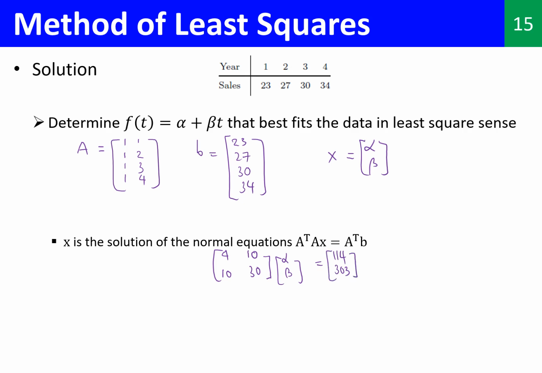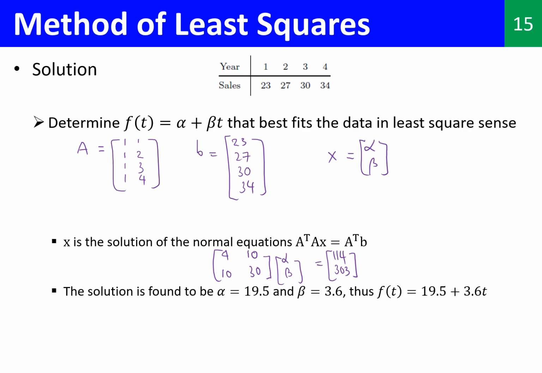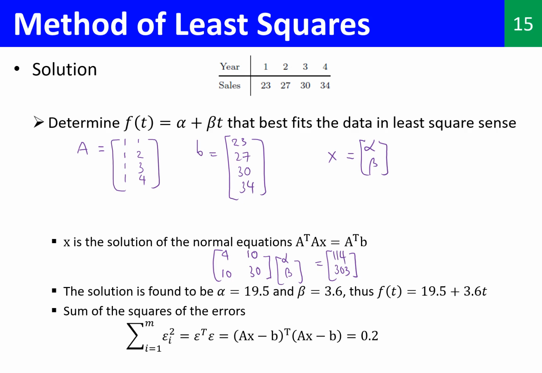Okay, so if you work that out, you will find alpha is equal to 19.5 and beta is equal to 3.6. So we get a unique solution, and therefore we get f(t) equals 19.5 plus 3.6 t. Okay, so that's the straight line that fits these observations in the least squares sense. We can also find the sum of the squares of the errors, and if you work that out, you would get 0.2. All right.